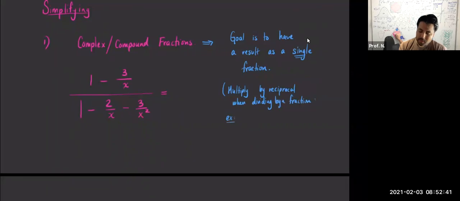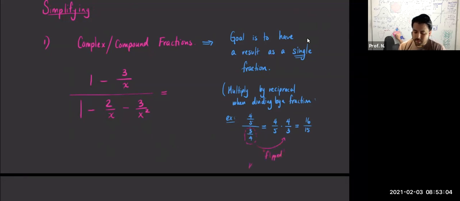Example: if I do 4/5 divided by 3/4, then this would be 4/5 multiplied by 4/3, right? And this would be 16 over 15. So in this problem, I took the bottom fraction and I flipped it.